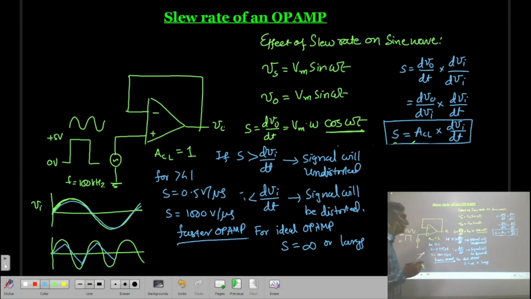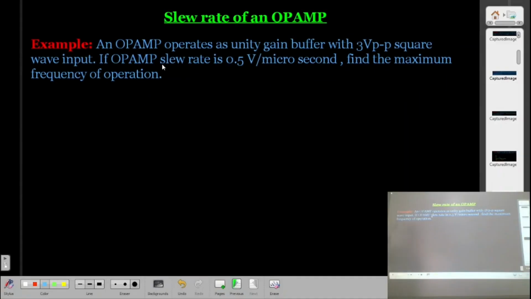Okay, now we will see some examples. An op-amp operates as a unity gain buffer with a 3 volt peak to peak square wave input. Meaning the output will also be 3 volt peak to peak. The slew rate is 0.5 volt per microsecond. Find the maximum frequency of operation. So what is given here?